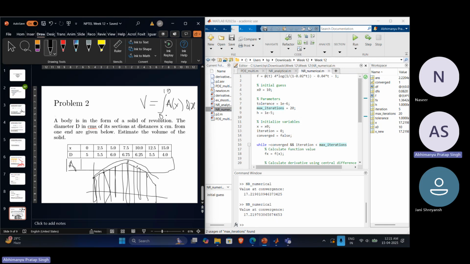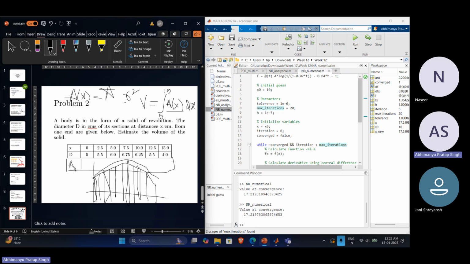So if we fit a regression model to this curve, then we can get an analytical representation of this curve function Ax, right? What is this Ax? Ax is nothing but pi r square, right?